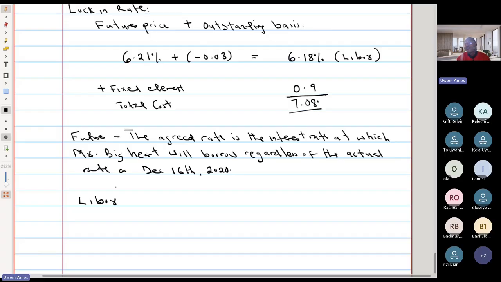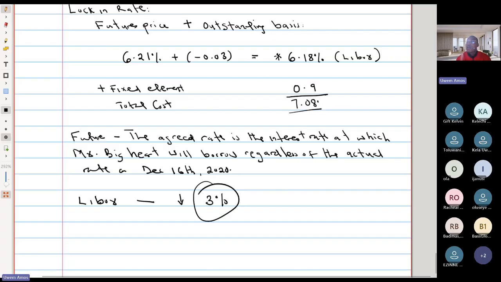But unfortunately for them, on December 16th, interest rate fell, or LIBOR fell to 3%. That's the problem for Mr. Bigard. Why? Because they must borrow at 6.18, which is what they have fixed.